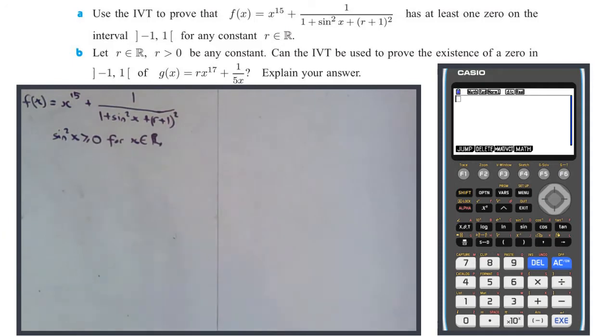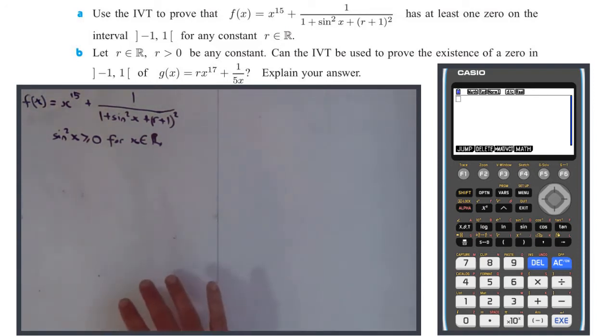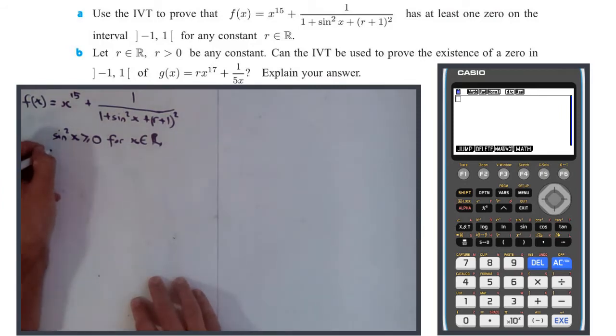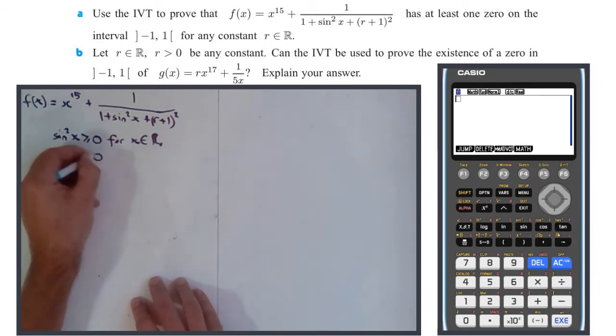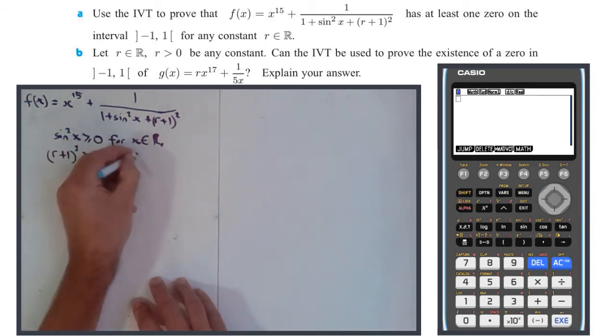R plus 1 squared, well, r we don't know what it is. But once we add 1 to it and then square it, squaring being the key, it's not going to be negative. We've been told r is real, so when you add 1 to it and square it, it must be greater than or equal to 0. R plus 1 squared also must be greater than or equal to 0 for all real r.